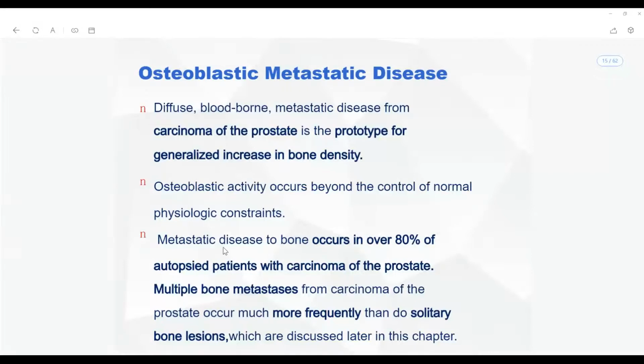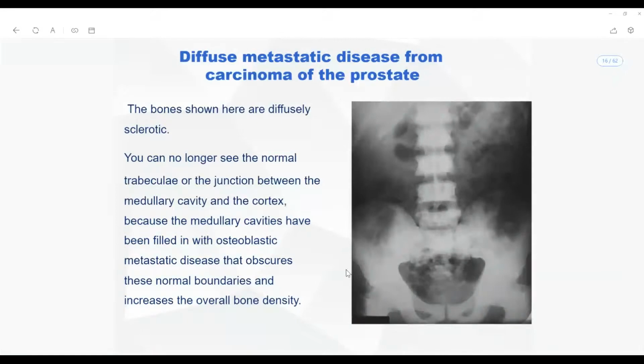Okay, we came to understand from autopsies that multiple bone metastatic diseases, particularly from carcinoma of the prostate, have more frequent and diffuse bone lesions. Diffuse bone lesions. Let's look at this X-ray. You see there is an increased density of all the bone shadows.